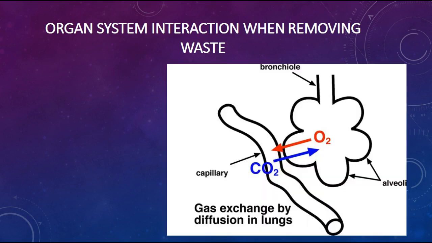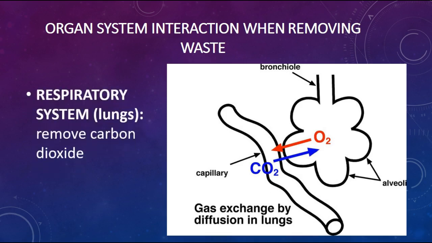When removing waste from the blood, the circulatory system is interacting with the respiratory system. You can see in this little upside down tree structure, this is a little air sac within the lungs called an alveoli. And this little tube structure next to it is supposed to be a specialized blood vessel called a capillary.